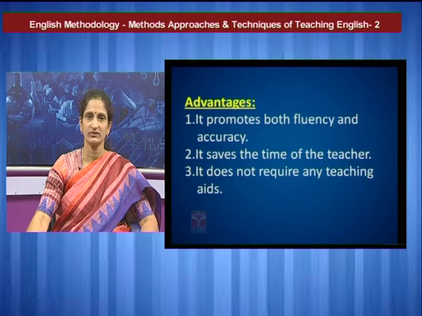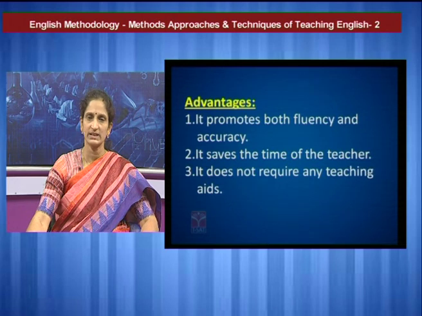We have some advantages as well as limitations with all the methods. The bilingual method promotes both fluency and accuracy. The main intention of language is that whatever they learned in the classroom as a part of the subject or their practical experience should be delivered to the peer group or with others.